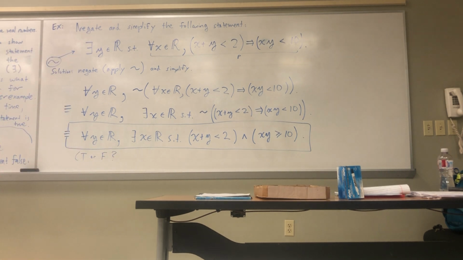If one's false, then the whole thing would be false. To decide that what's in the box is false, all you need is one y that makes everything else false. That means it has to be false for every x, because it says there exists x making it true. Gotcha. Okay. Awesome. Thank you.